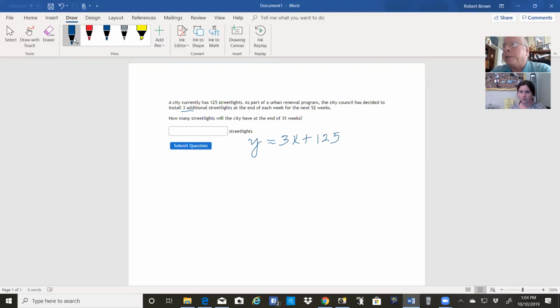So does everybody see that this is a linear equation that tells you how many you have at the end of each week? If x is 0, means you haven't started and you have the original 125. So the end of 35 weeks is going to be 3 times 35 plus 125.